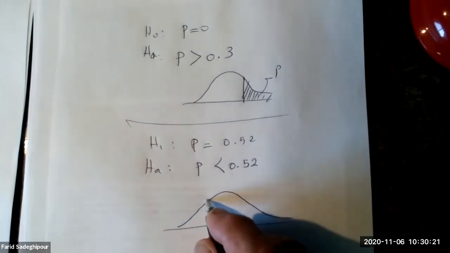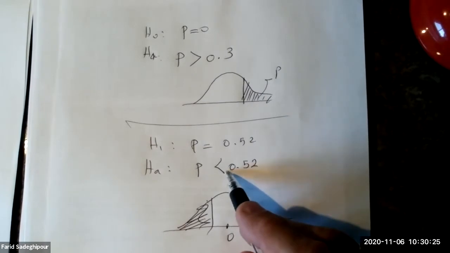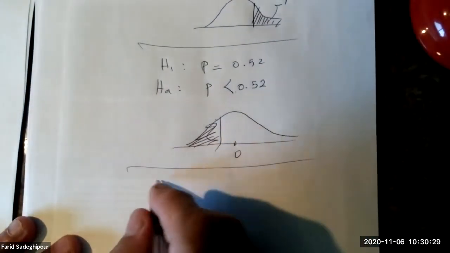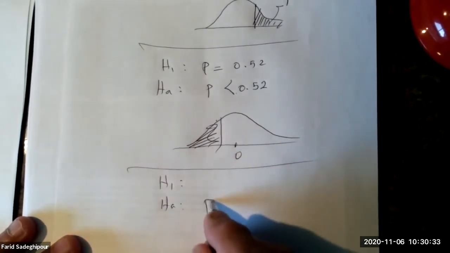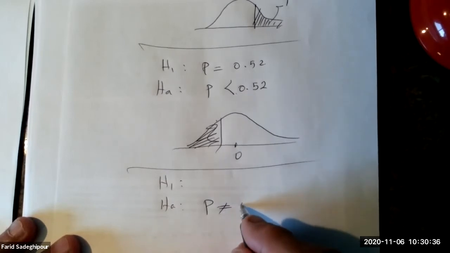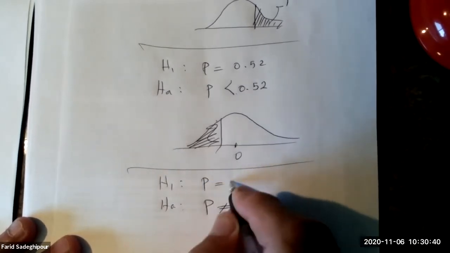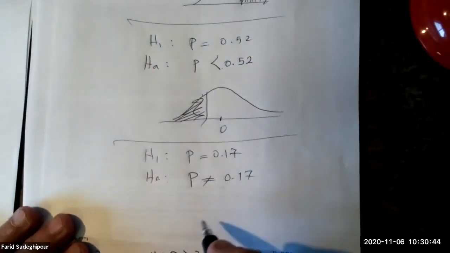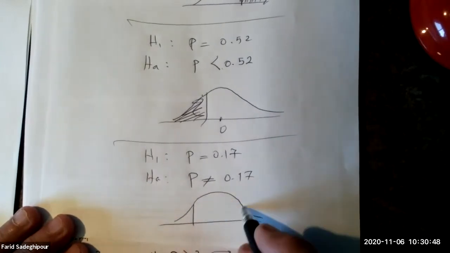So that means it is a left tail because it's left. And another one, not equal to 0.17. Let's say your alternate hypothesis is not equal. In that case, you have two tails.